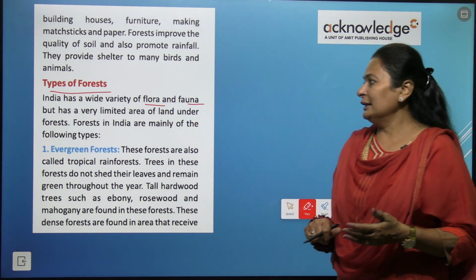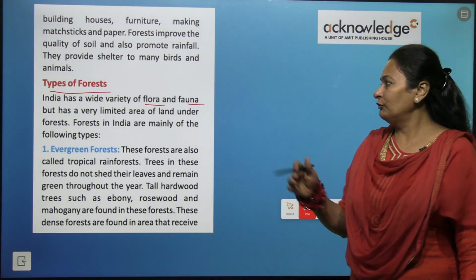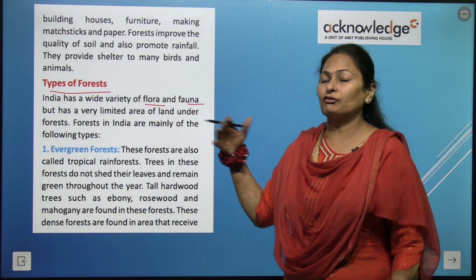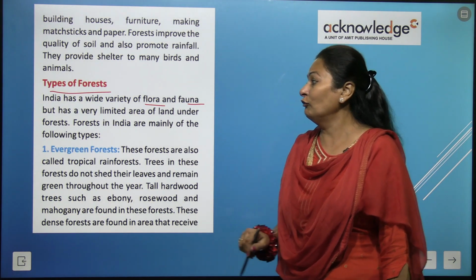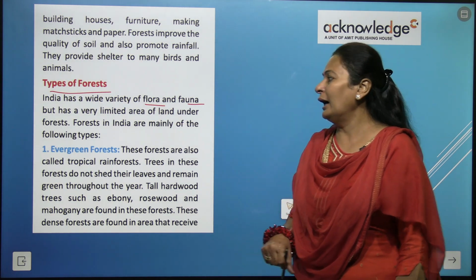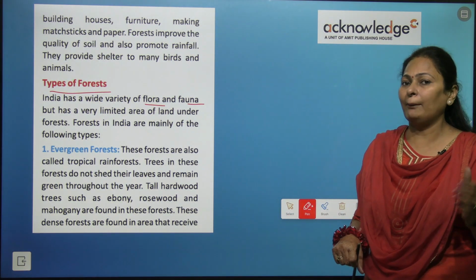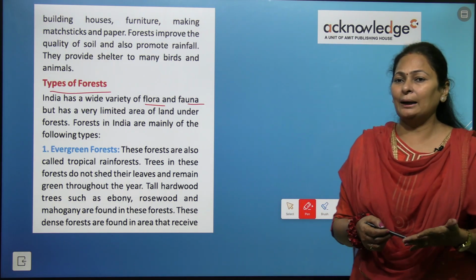But it has a very limited area of land under forest. Forests in India are mainly of the following types. Five different kinds of forests we will learn in this chapter, right?